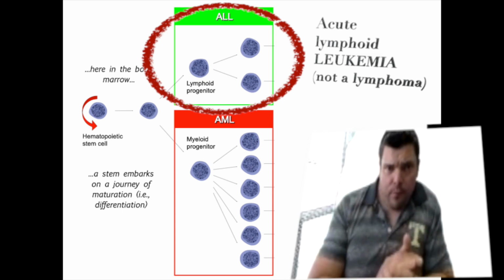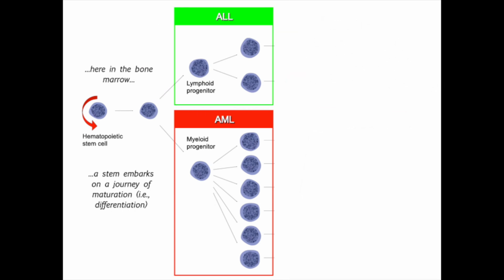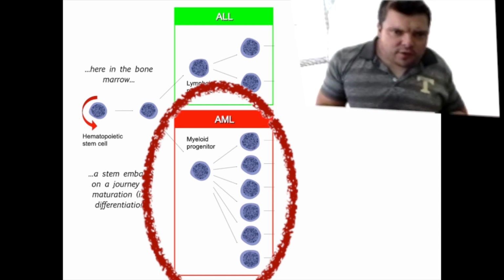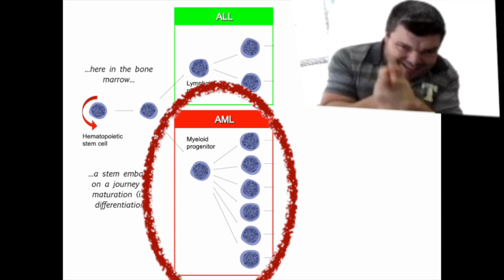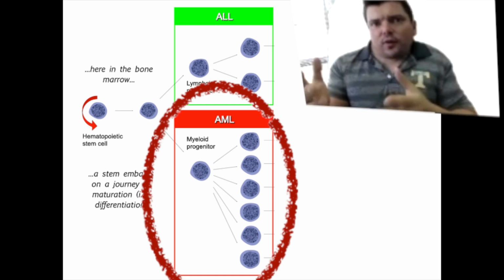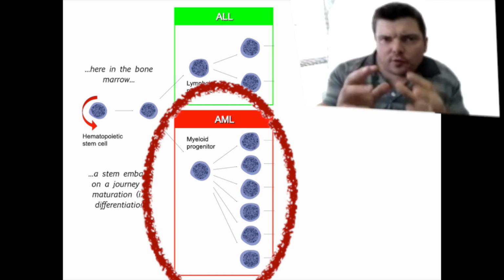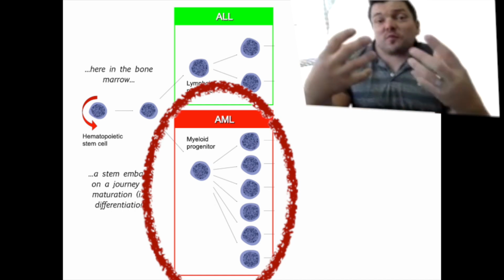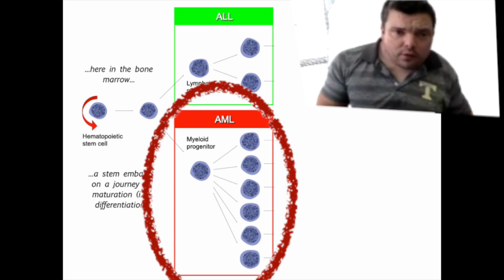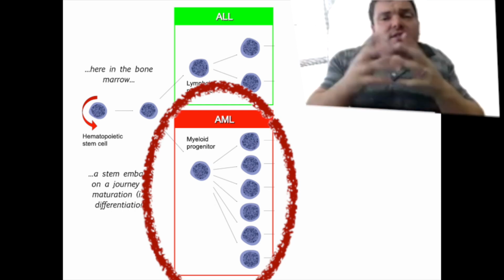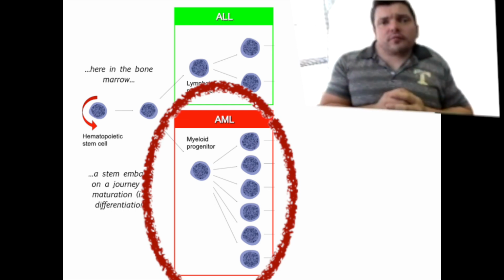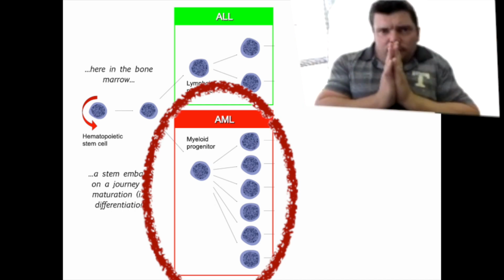All right? In the myeloid progenitor cell, if that cell takes on the correct genetic chromosomal changes for cancerous behavior, that cell is still housed in the bone marrow, hasn't been released out to the blood yet.